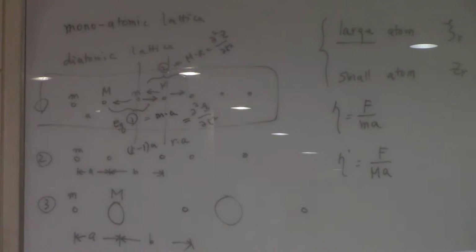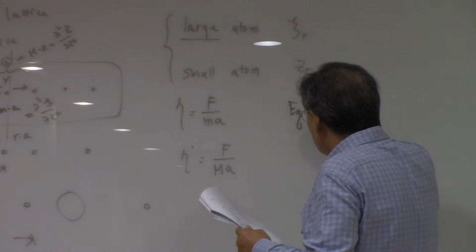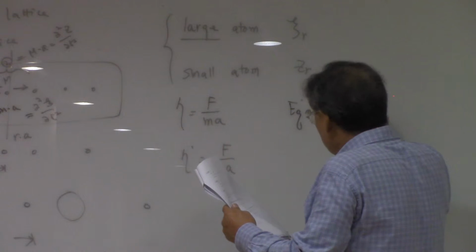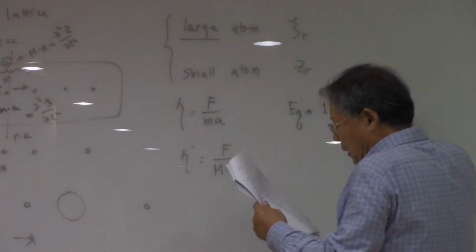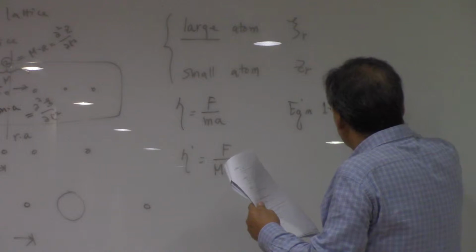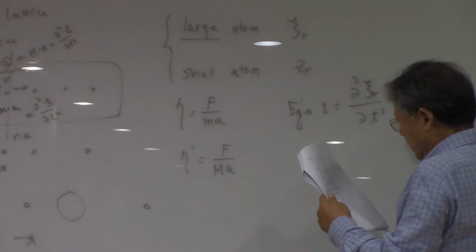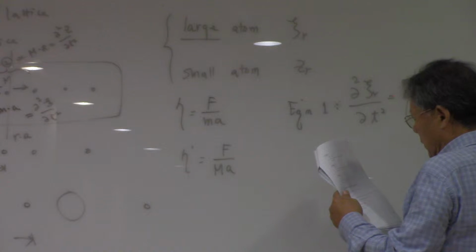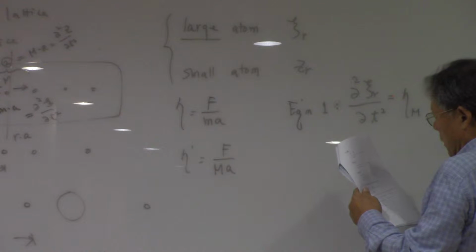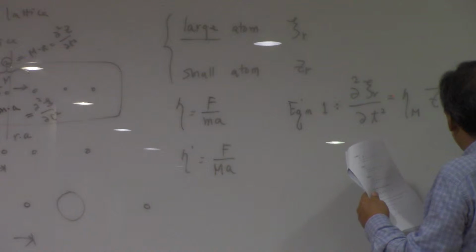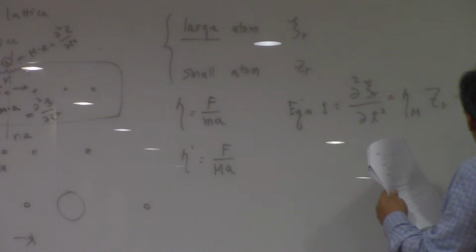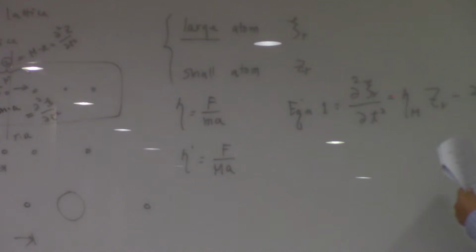So you end up with the equation number 1. Number 1 is going to be round T square over round square psi r is equal to eta m zr minus 2 eta m psi r plus eta m zr plus 1.